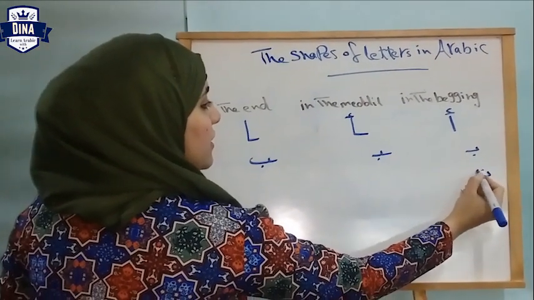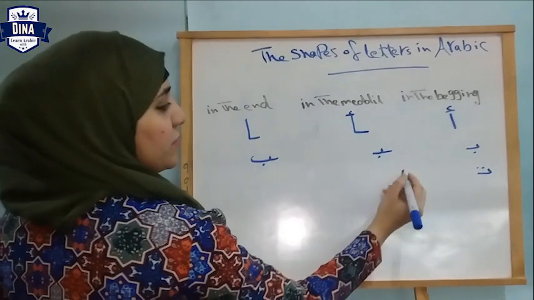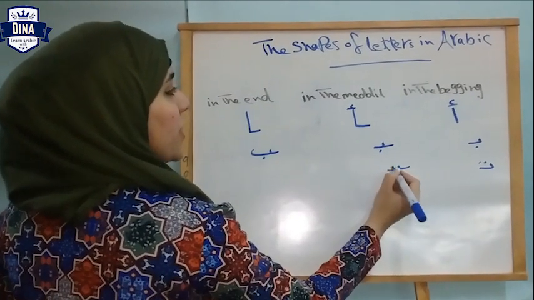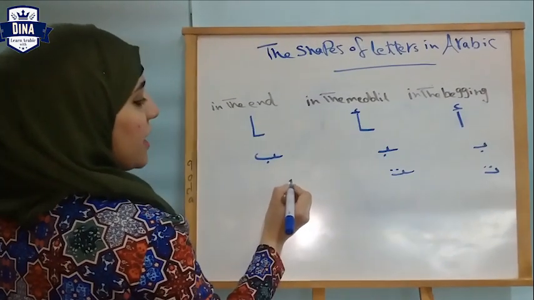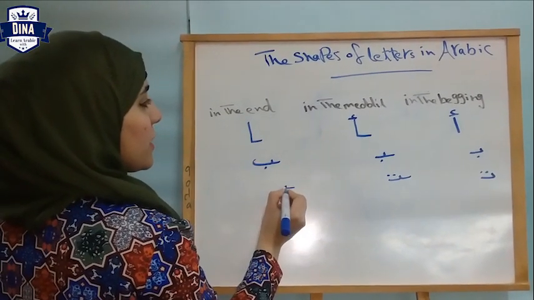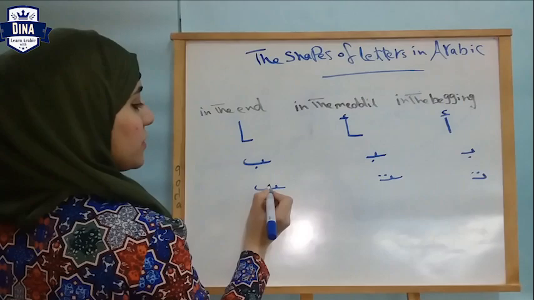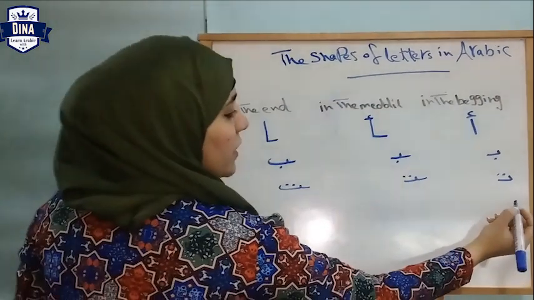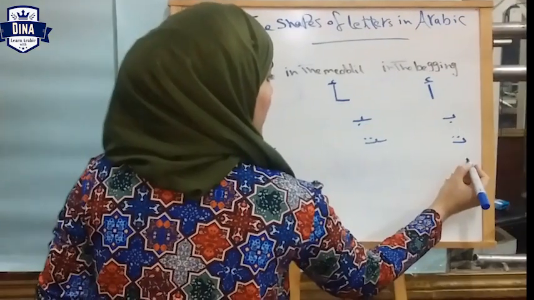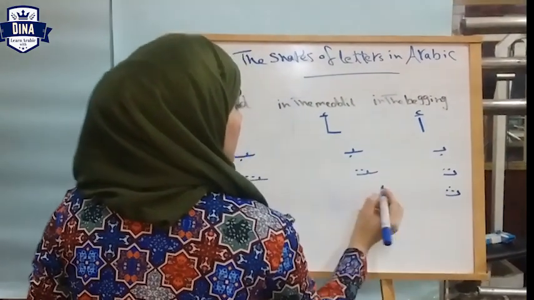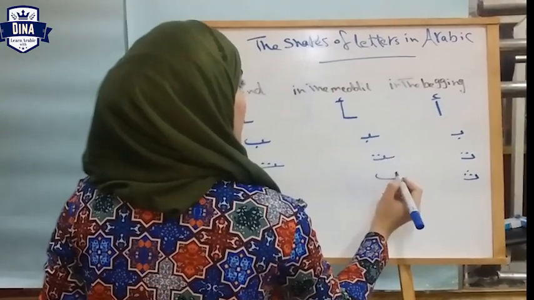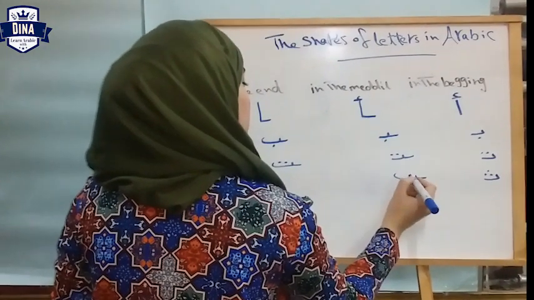Ta in the beginning, Ta when it comes in the middle of words, Ta when it comes in the end of words. Tha in the beginning of words, Tha when it's coming in the middle of words.